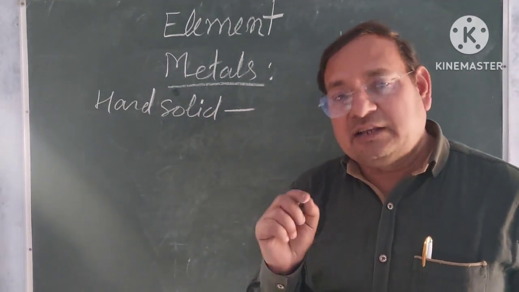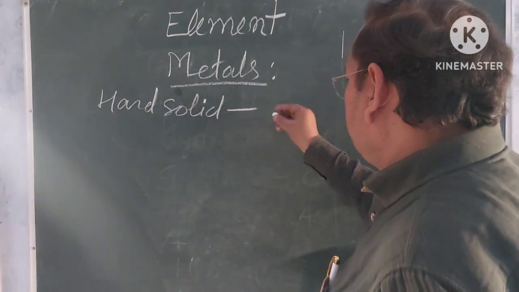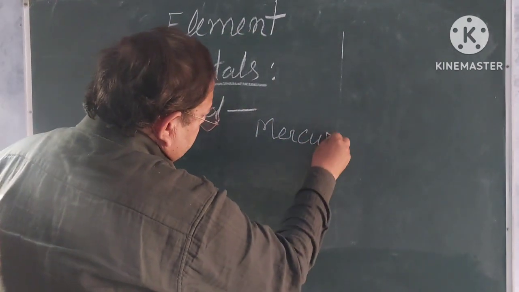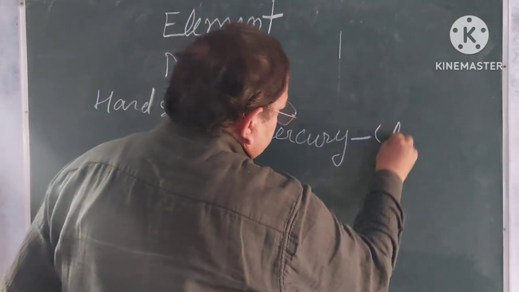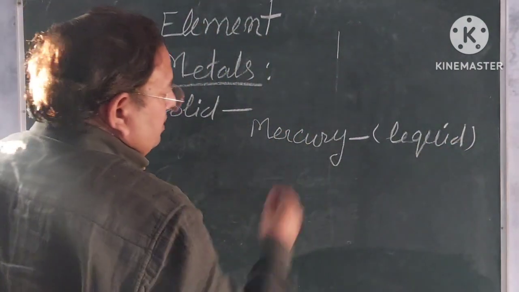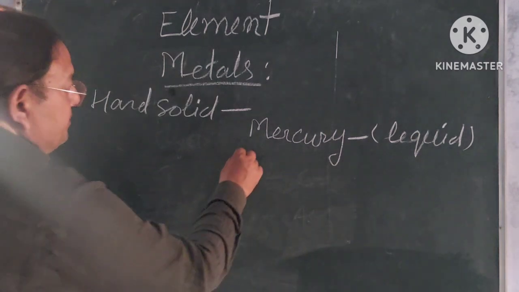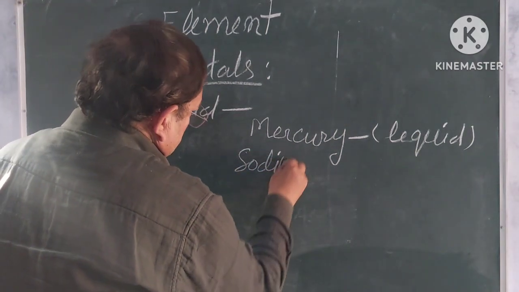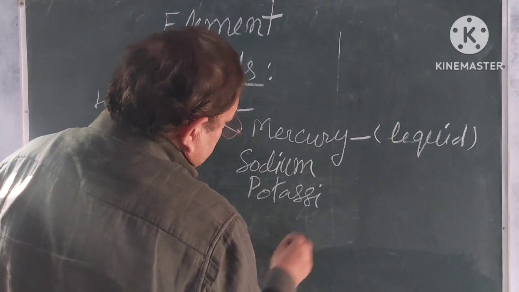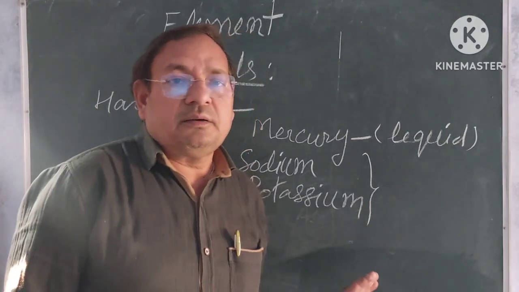mercury is found in the liquid state, and sodium and potassium, these two are not very hard metals.